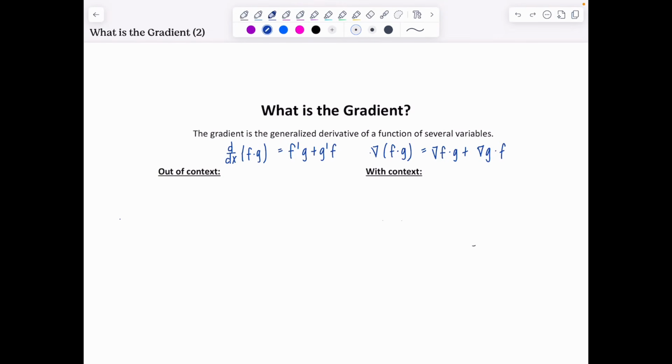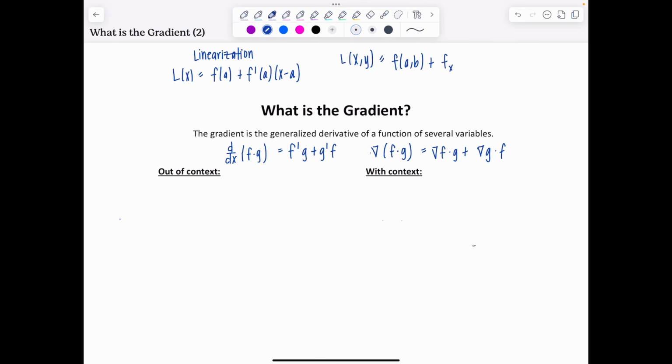Also, if you think of some of the applications that you learned for the derivative, for example, when we were finding the linearization for a function of one variable, we knew that L of x was equal to f of a plus f prime of a times x minus a. And similarly, as you should have studied in recent lessons, when we find the linearization for a function of several variables, say just two, you would have f of a, b plus, well, we have partial derivatives.